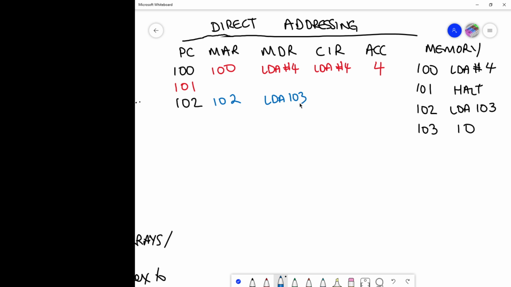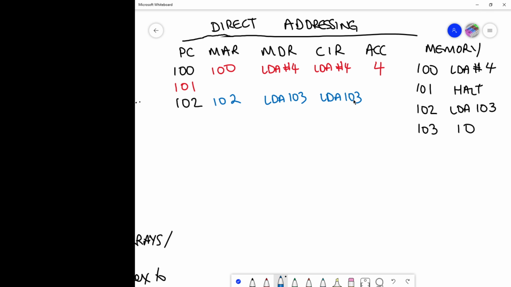The control unit assumes this data, remember we're abstracting this and looking at it in assembler format, is an instruction, so it copies it to the current instruction register. It then decodes it, and it goes, oh, LDA 103, direct addressing.